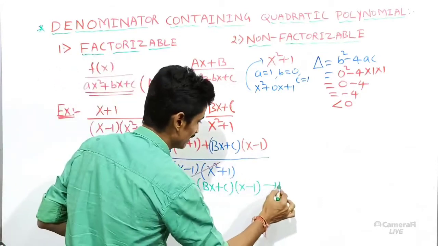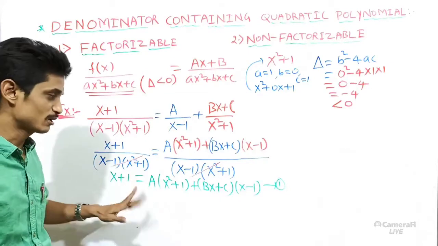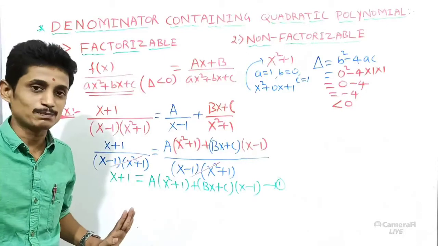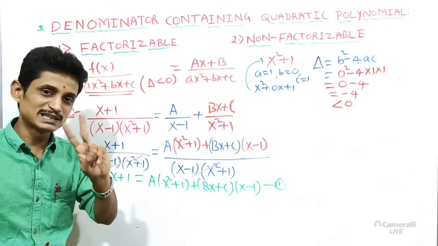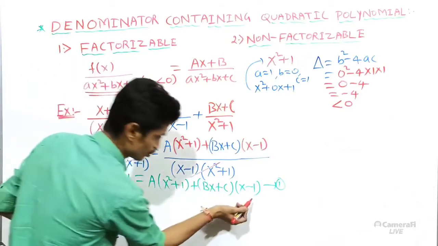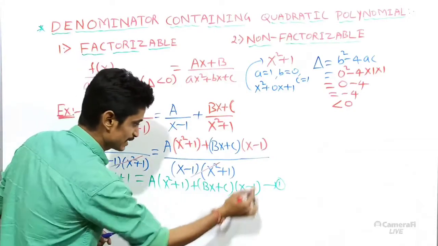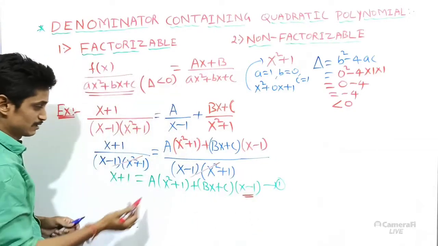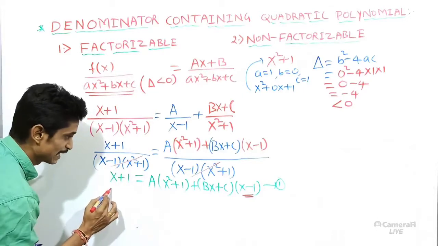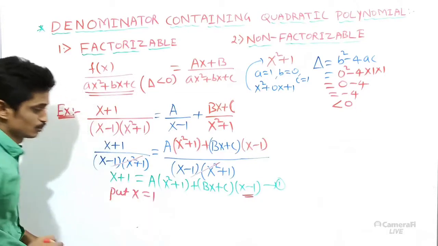Just go by the elimination method. In such problems, not only one method is applicable. Simultaneously, we can apply the methods, method number 2 and method number 3. Just look at this factor. By replacing x by 1, easily we can eliminate this complete part. Then we get the value of a. So I will put x is equal to 1.